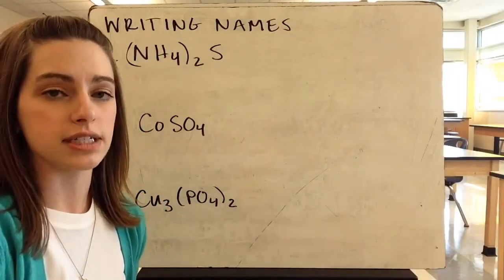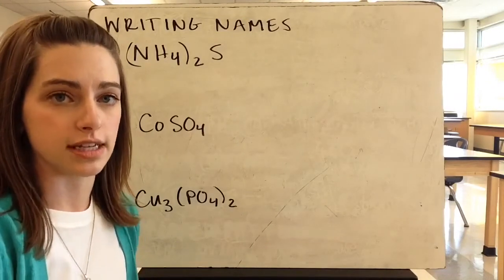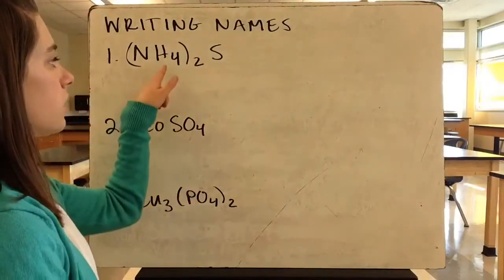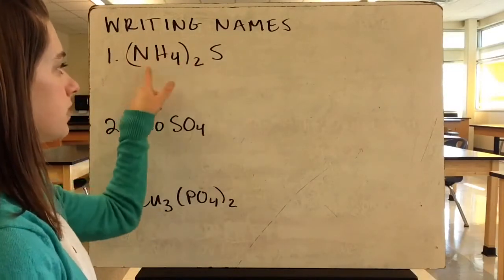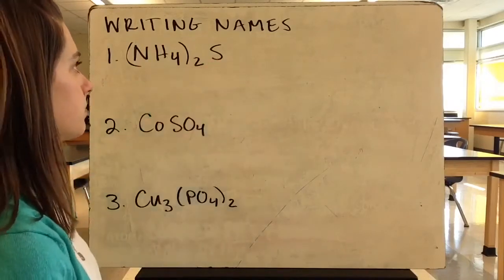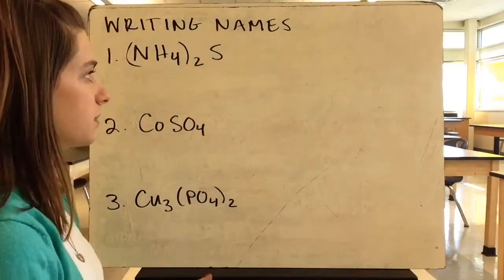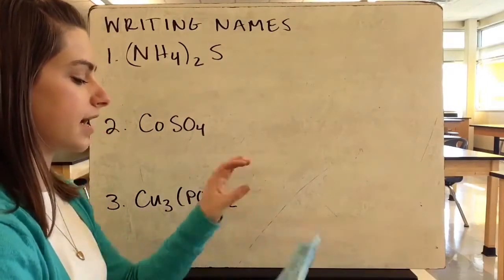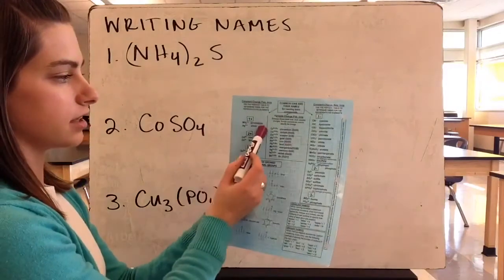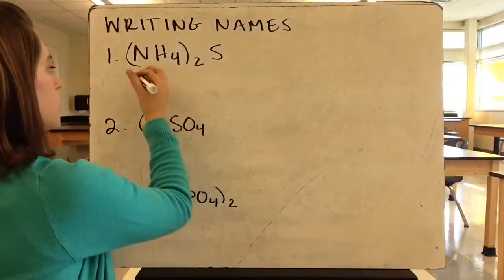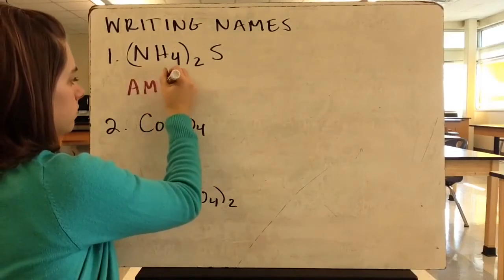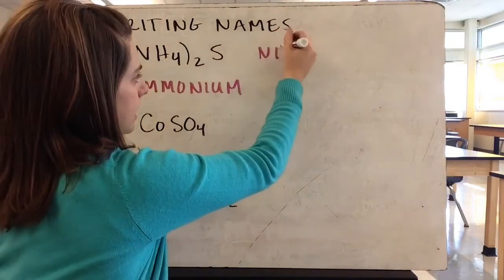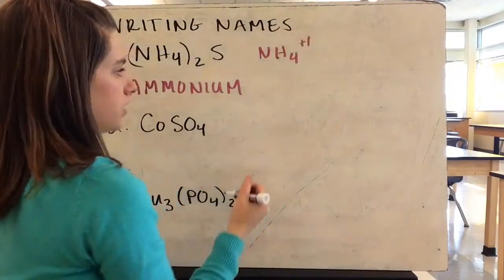Like our two other categories of ionic compounds, they follow somewhat of the same rules. So we still have our positive charge first and then our negative charge. So here we have NH4 in parentheses and then a 2 and then S. NH4 we recognize, especially because it's in parentheses, as being a polyatomic ion. So if we look on the back of our periodic table, it's ammonium, and it is NH4 plus 1.